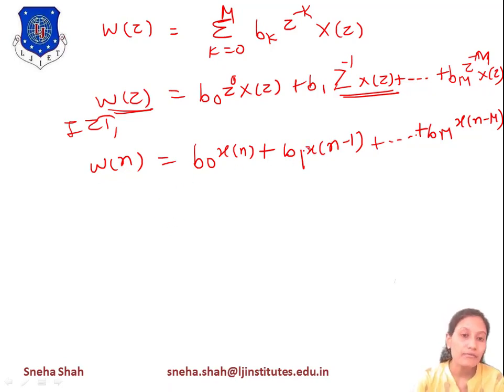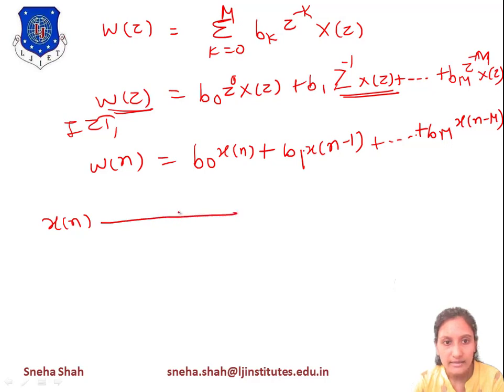Now if we want to draw this diagram, how will we represent it? It will be represented like this: we have taken x of n, and this will multiply with b0, and it will add with all these terms and give you the output as w of n, right?